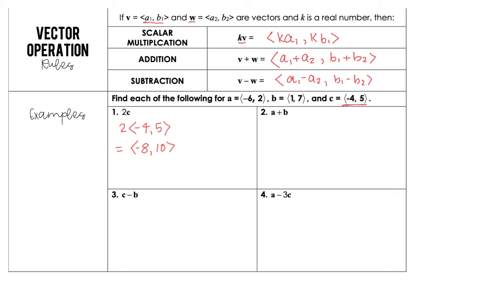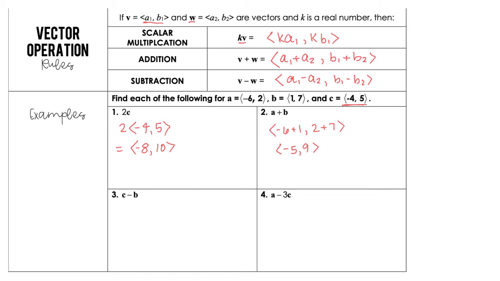Then A plus B. So you're going to add negative 6 plus 1, comma, 2 plus 7, and that's going to give you negative 5 and then 9.